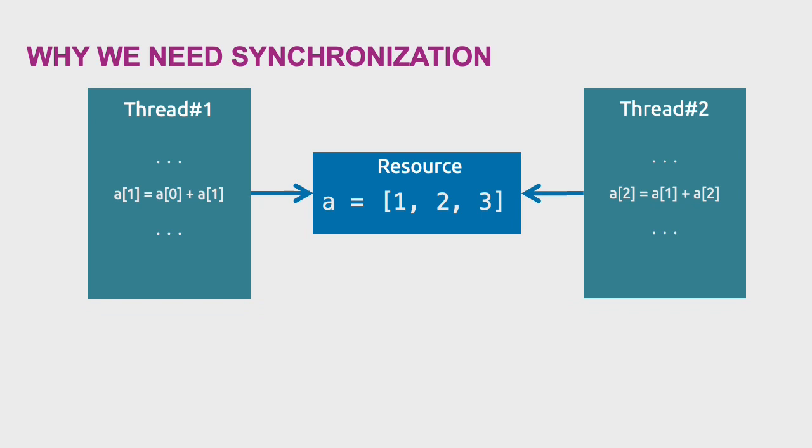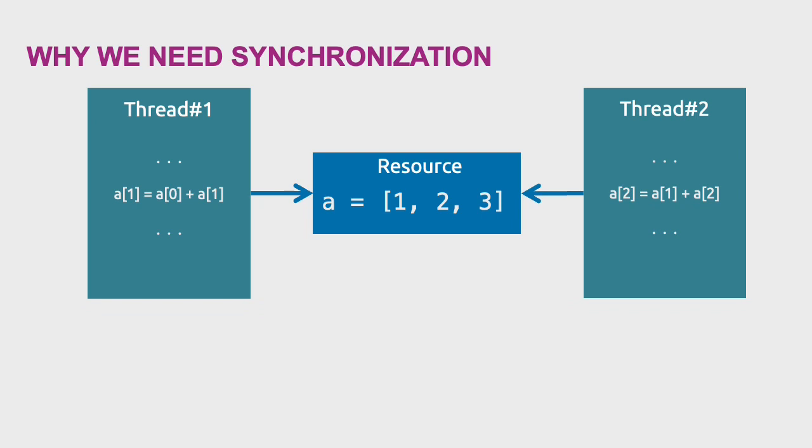Thread 1 and thread 2 both operate on the list, and in particular they update the value of one of the elements in the list. In particular, thread 1 updates the second entry in the list, namely A1, and it simply adds A0 to A1.